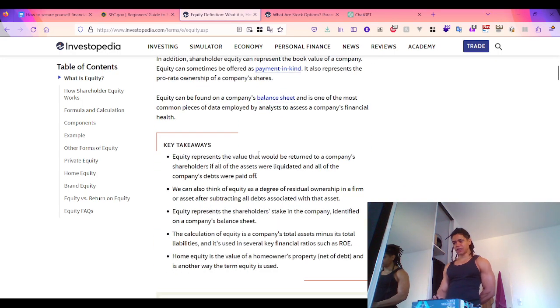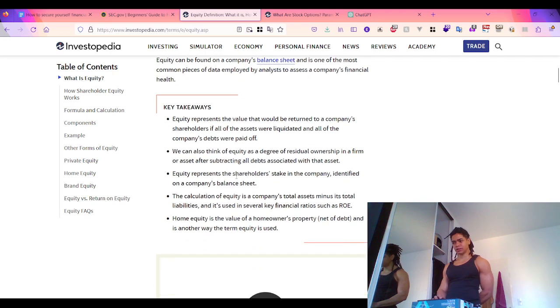Equity represents the value that will be returned to the company shareholders if all the assets were liquidated and all the company debt were paid off. We can also think of equity as a degree of residual ownership in a firm's assets after subtracting all debt associated with that asset.